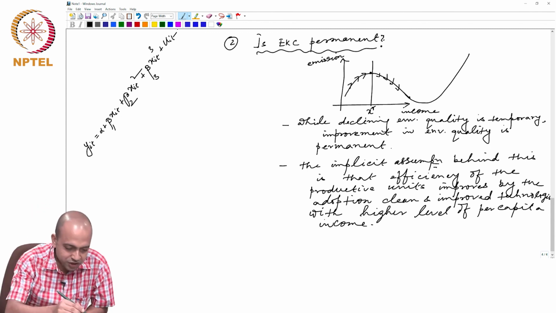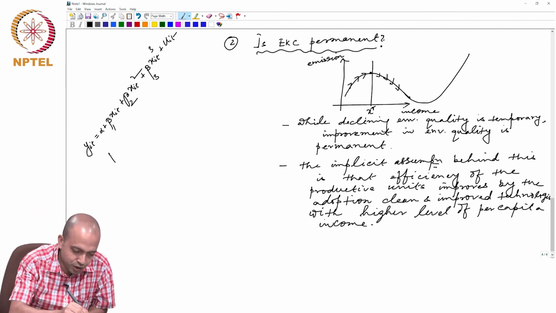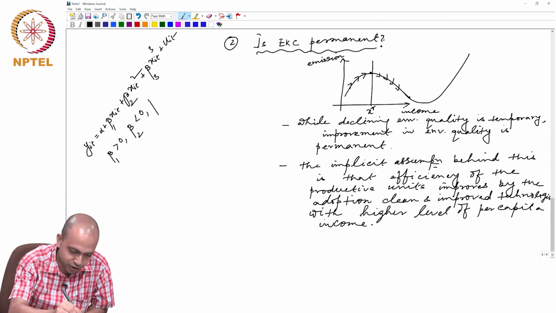Okay? That means, in this case beta 1 would be positive, then beta 2 would be negative, and then beta 3 would be positive once again.